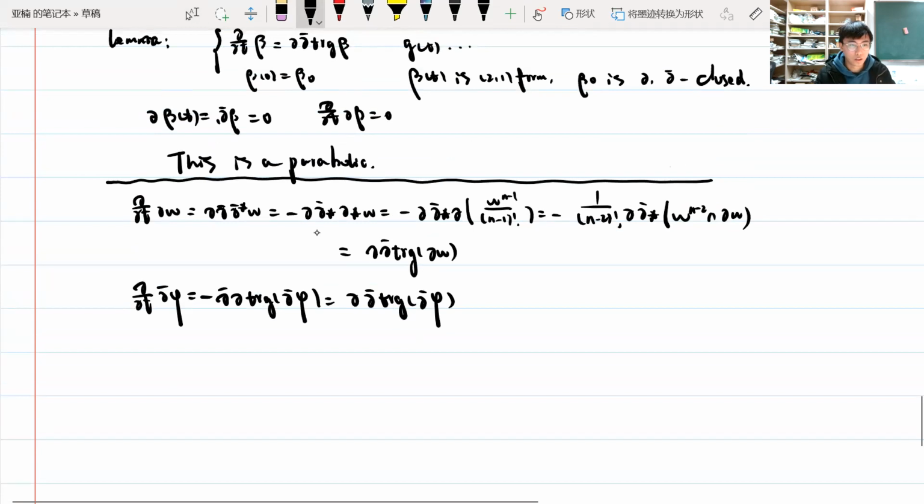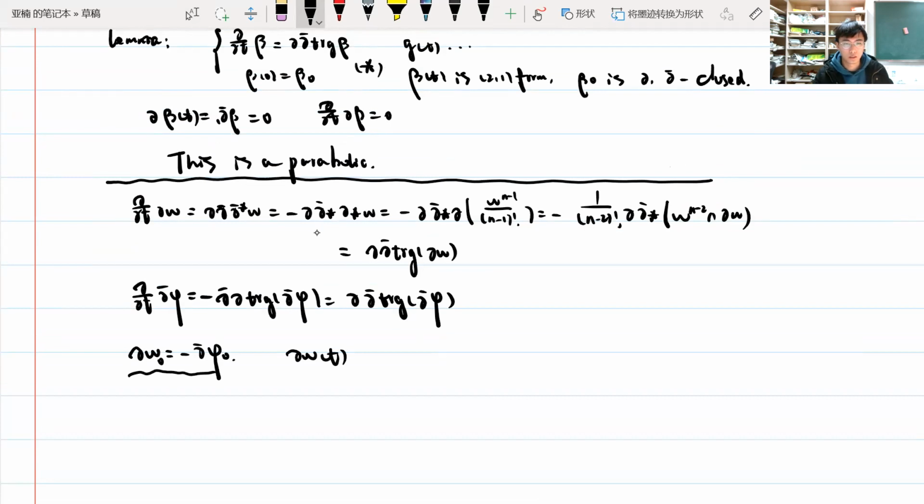Now, if the initial condition satisfies this equation, then we can say that omega t is a solution to this equation, and minus d bar phi is also a solution, with the same initial condition.